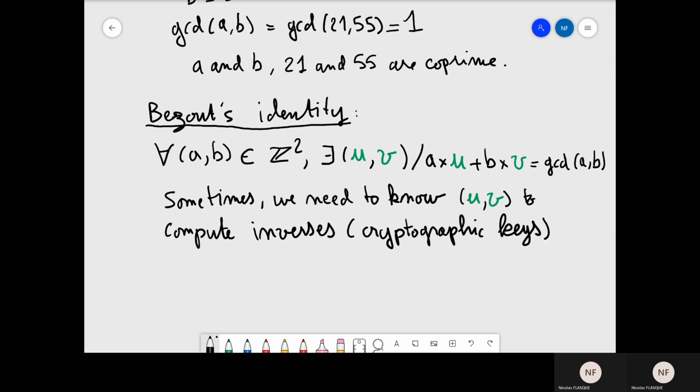We'll see that later. Actually, Bezout's identity will be used later in order to compute some keys for a crypto system.